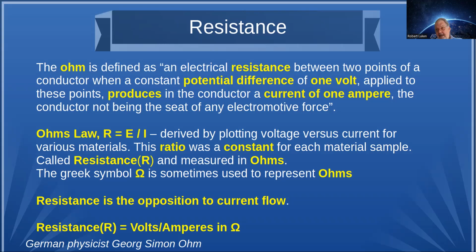Now, that's not going to be the case a little bit later when we talk about things like capacitors and inductors, where they have what we call impedance, which is similar to resistance, but is frequency dependent.